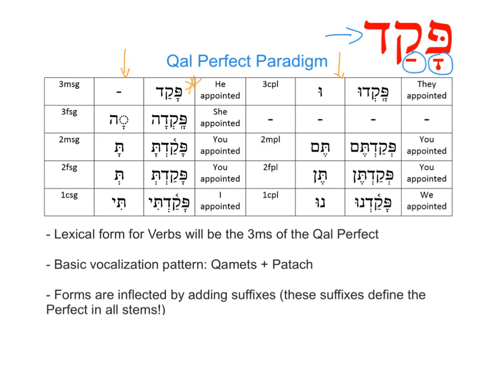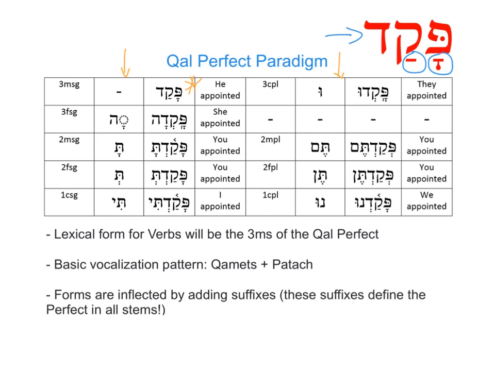These endings that we're learning right now are really important because they're going to signal for us that we're dealing with a Qal perfect verb, but they'll also be the same endings that we'll use to recognize perfect verbs in every other stem, Piel, Hifil, whatever it may be. So we want to recognize these and memorize these. My advice would be to memorize them in the context of a word, as in memorize this part here, as well as this part, but be able to recognize those endings, that ending or that ta ending when you see them.